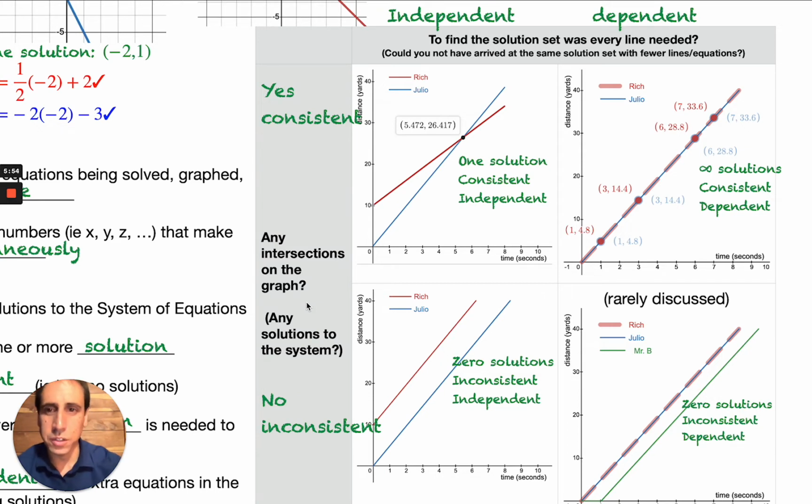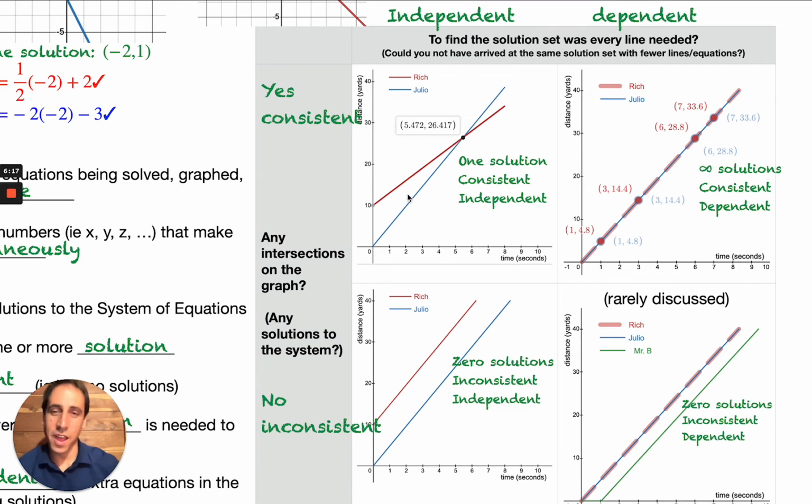The first major question is, are there any intersections on the graph? Or if you're not talking about the graph, just the system generally, are there any solutions to the system? It's a yes or no question. Are there any intersections? Are there any solutions? And so yes would look like this. We've seen this. This is a graph of Rich and Julio on a race. They're on a road race. They're just running.